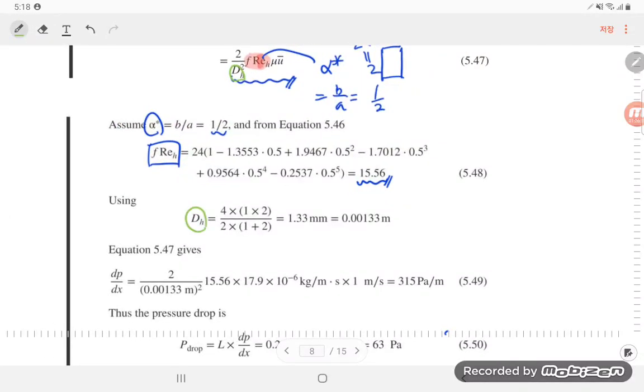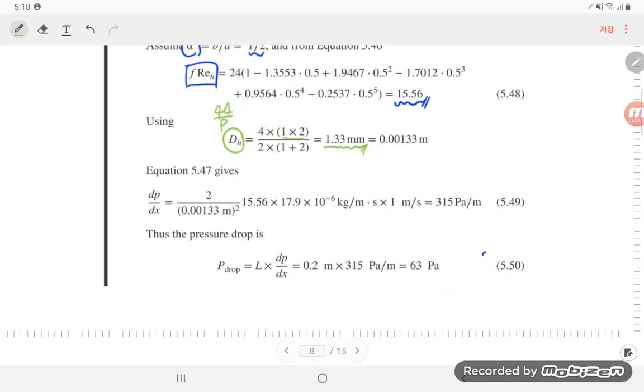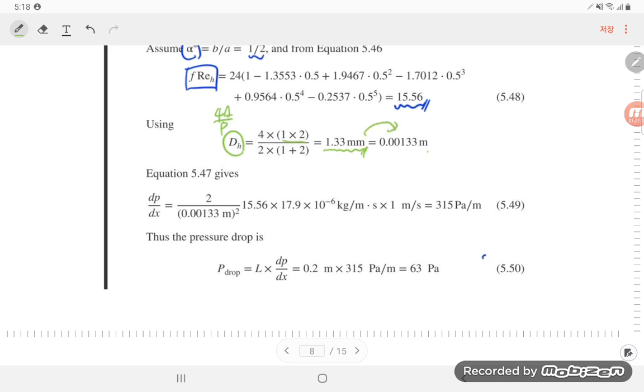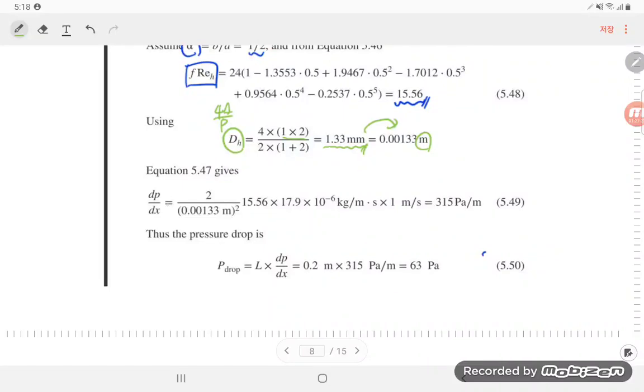One variable dH is 4A over P. So for this one, the cross-sectional area is 1 times 2, and P is the summation of these values, the perimeter. So we can get 1.33 millimeter, and you can change it to the meter unit. And finally, we already know mu and u in here. If you insert these values into here, then dp dx is calculated. So the final result is 315 Pascal per meter.